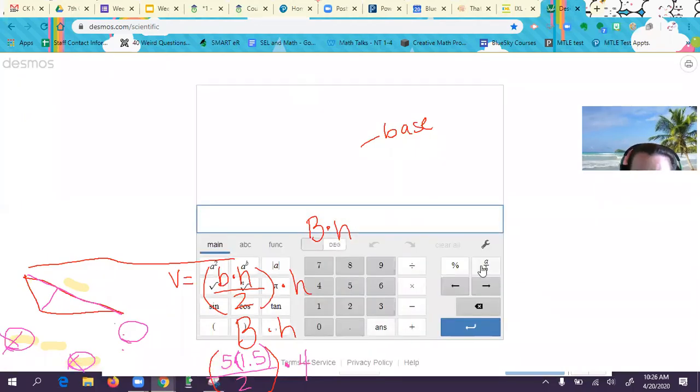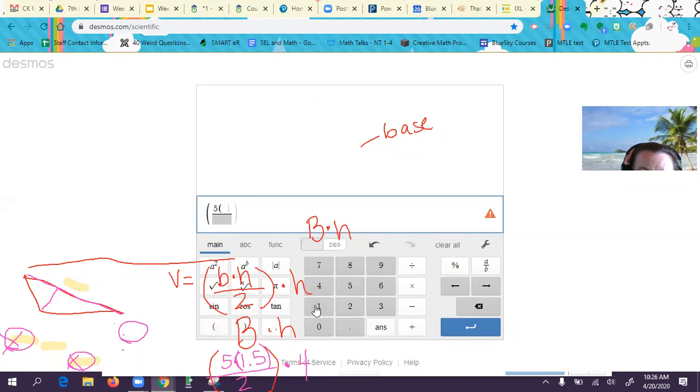Okay, so we're going to type in, and we're going to use parentheses. So 5 times 1.5, and then on the bottom we'll have 2 times 4.